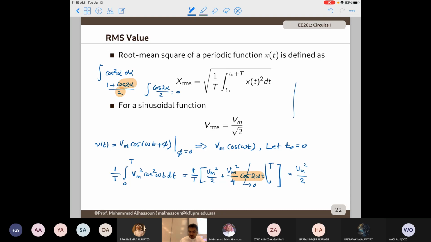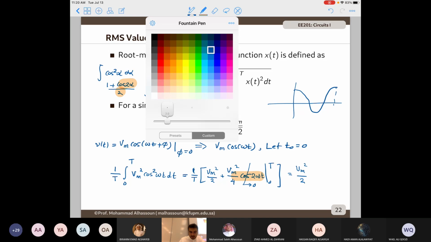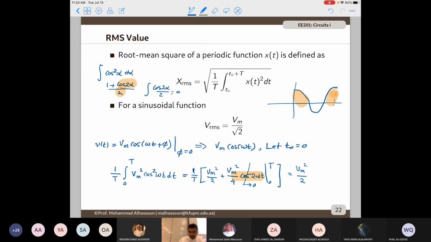Think about it this way. What is the integration of a function? It's the area under the curve. If we have a cosine and integrate it over one period, this area is equal to this area, and it's the opposite of that area, so the total will be 0. If you take more than one period, an integer multiple of periods, you will get 0. And in this case, we have 2. So that's why we're getting 0.